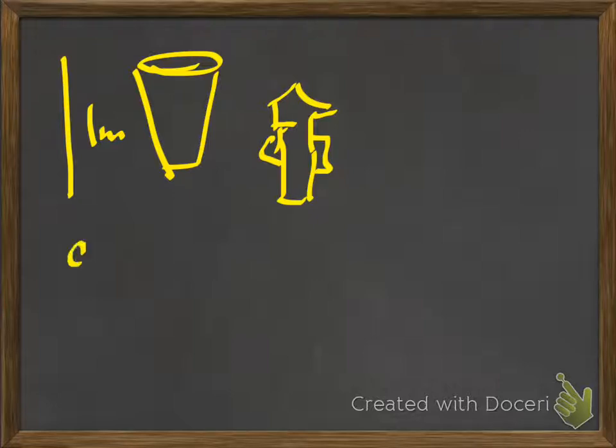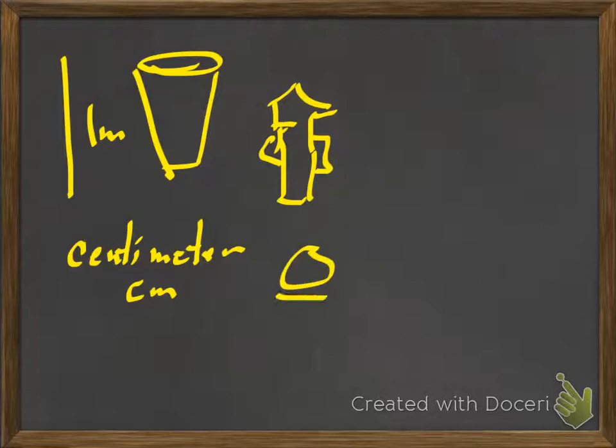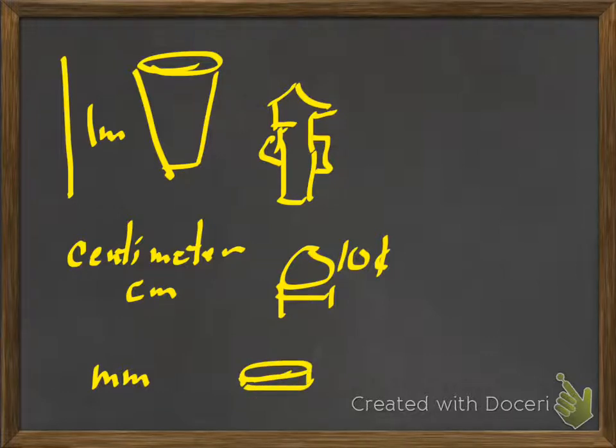And of course, a centimeter, which we abbreviate cm, is something much smaller, kind of like the width of a dime. That's about a centimeter. A millimeter is even smaller, and that would be about like the thickness of a penny, or a dime.